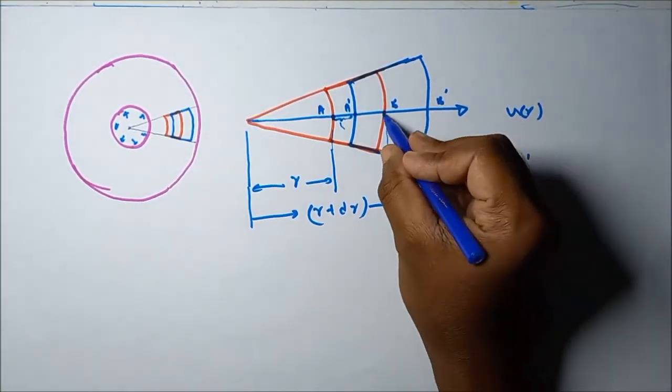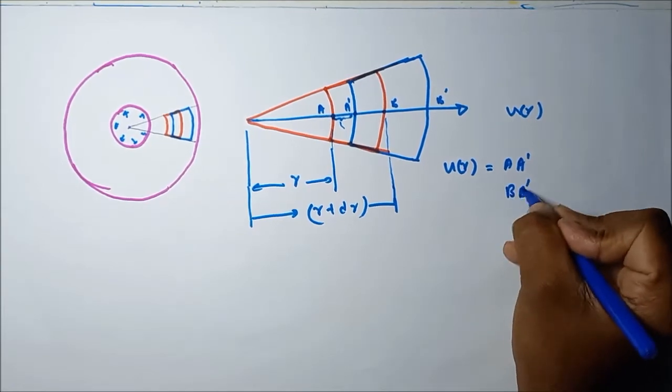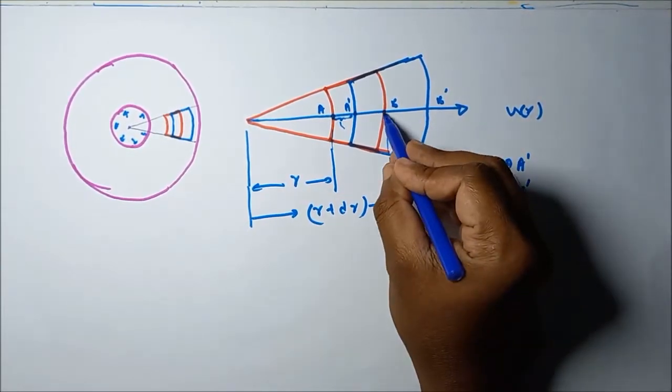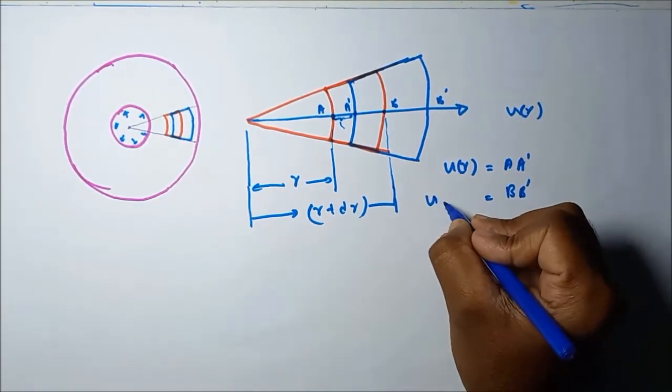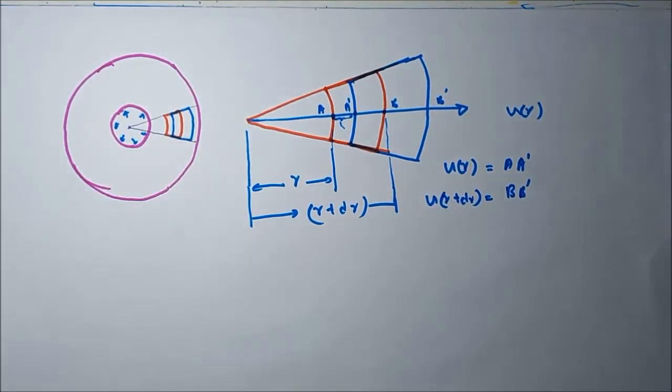Then B dash length is equal to the displacement of this point, u(r plus dr).